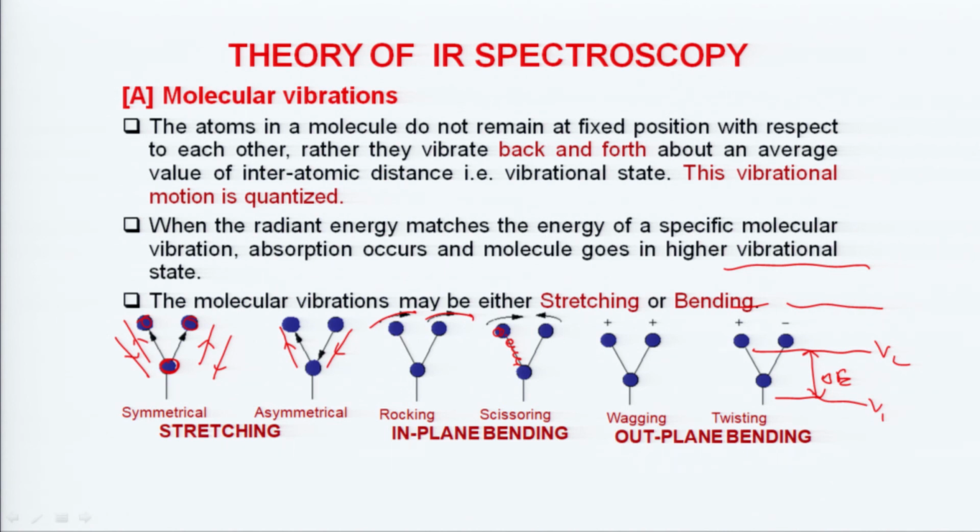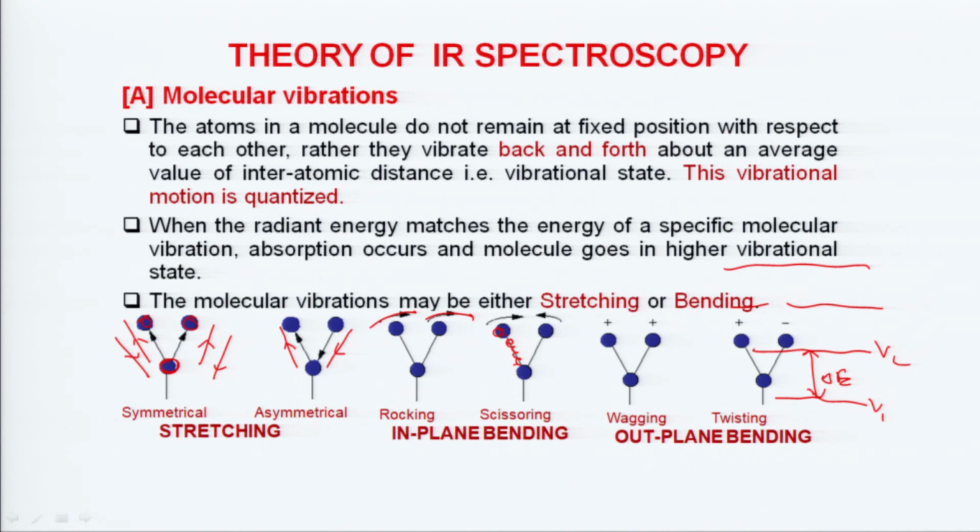This may be rocking or scissoring. Rocking means we are pushing those two bonds in the same direction, keeping the plane maintained. Scissoring means we are bringing them towards each other, the plane maintained in the same way. So, rocking and scissoring are in plane bending.